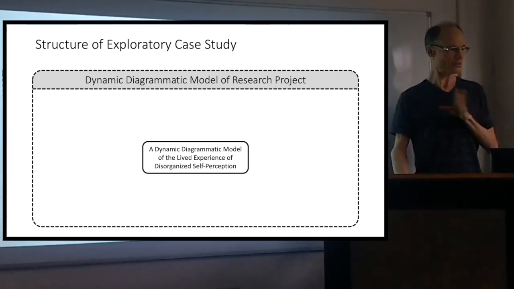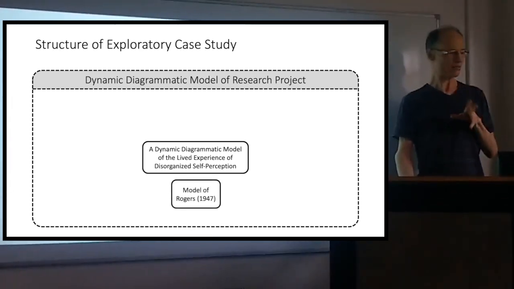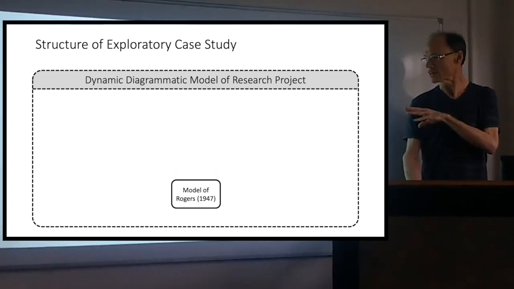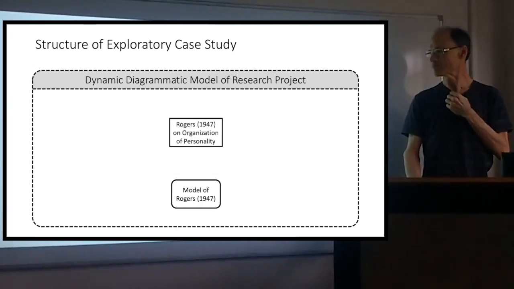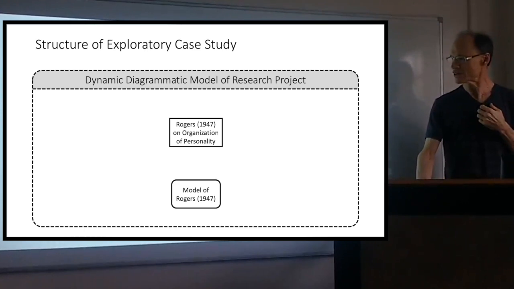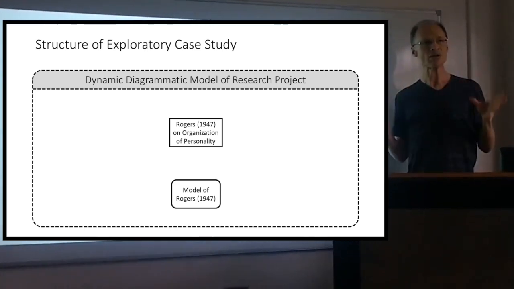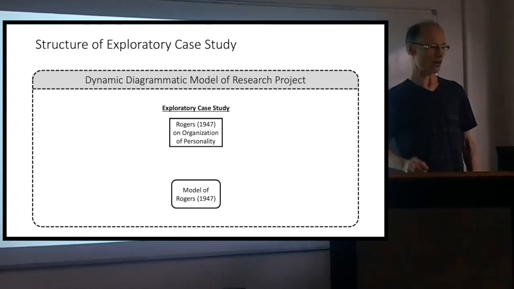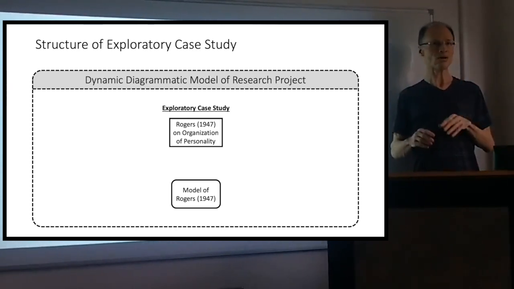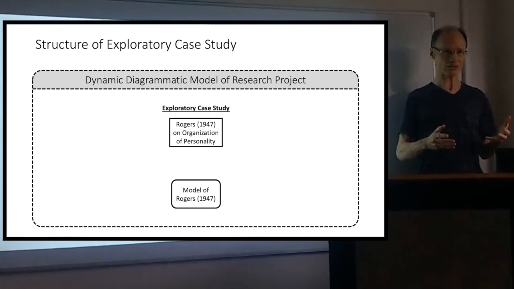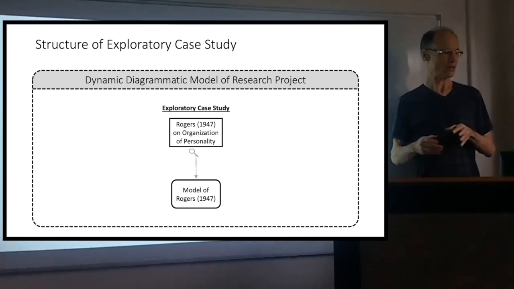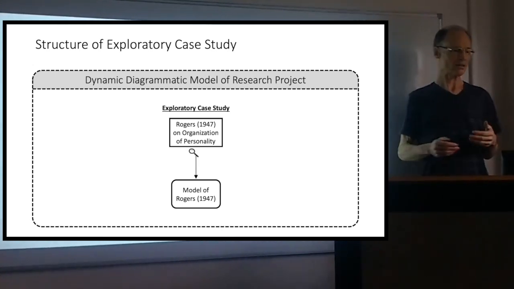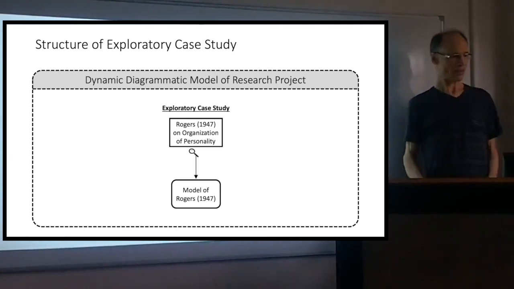So this example is a fragment of the model I'm working on that's derived from the Rogers article as a part of an exploratory case study that I'm working on to see how a written work in humanistic psychology can be translated into a model that aids in understanding.